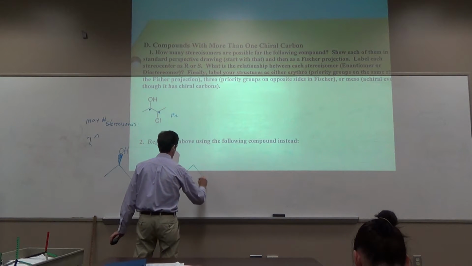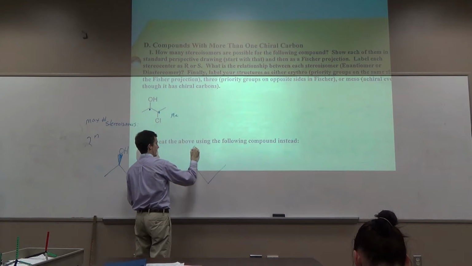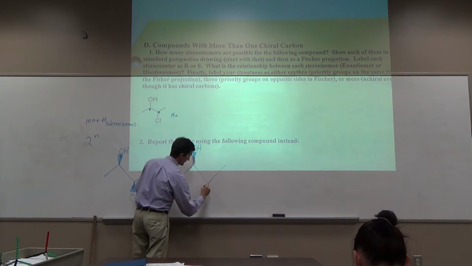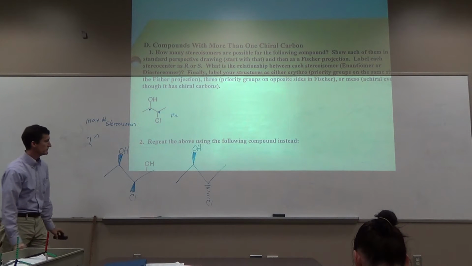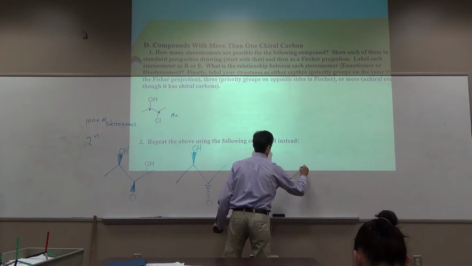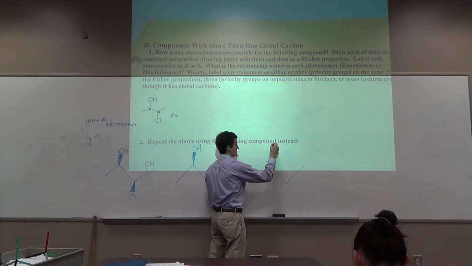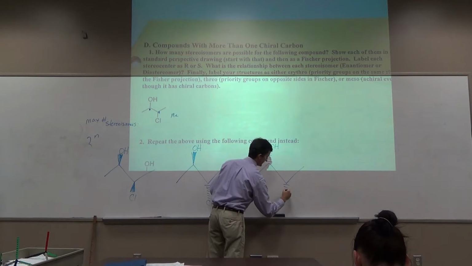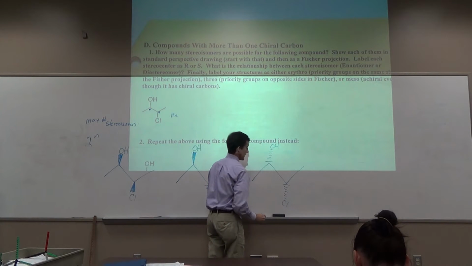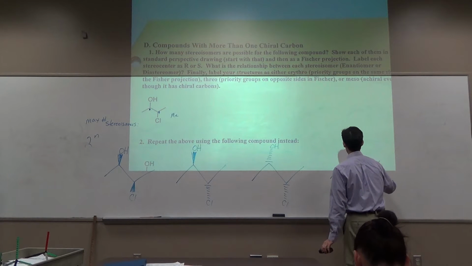Now let's draw this bolded. And to be different, we're going to draw this dashed. Here's 2. I might do this some other way. How about dashed here and dashed here? And then the 4th is going to be what?